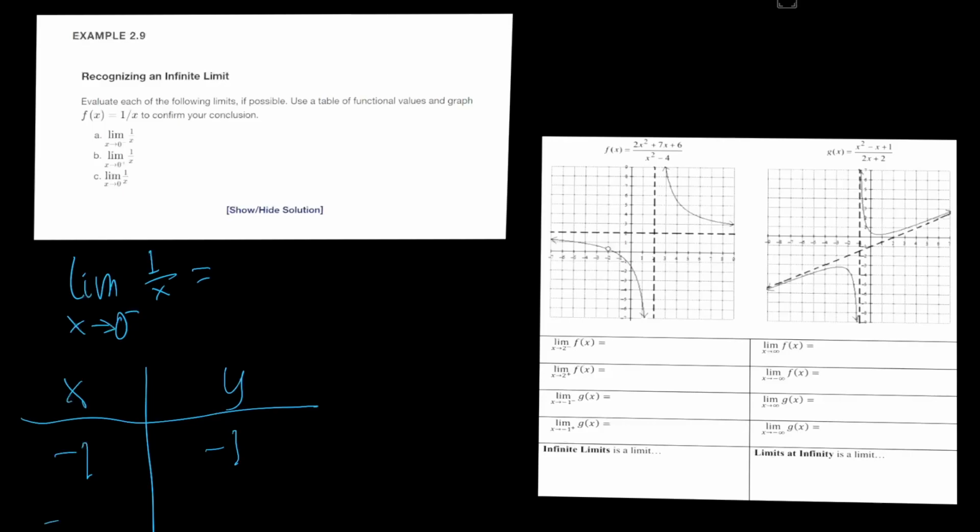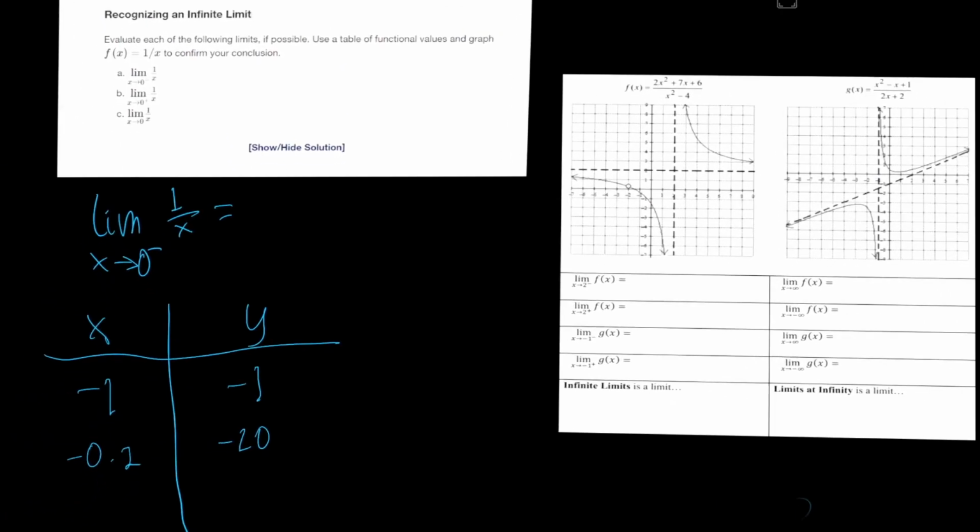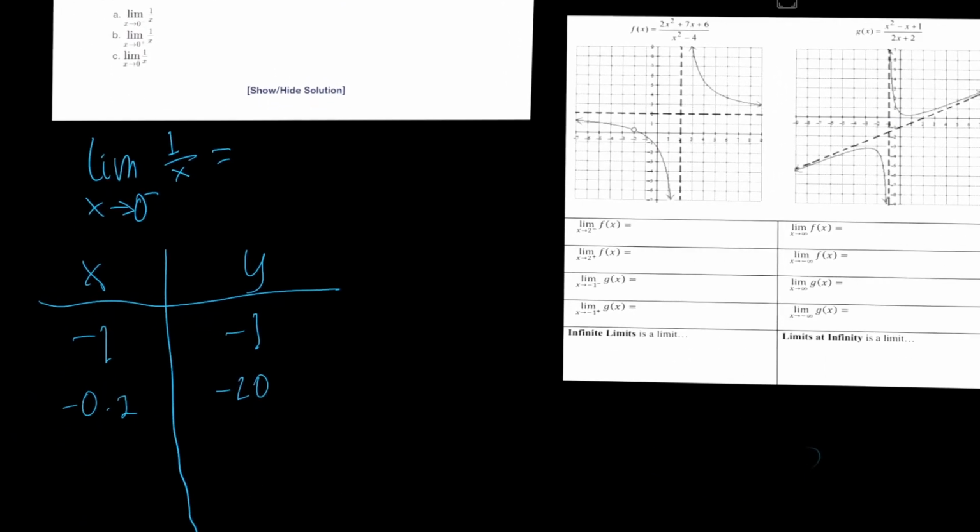When x is equal to negative 0.1, y is 1 over negative 0.1, which is negative 10. And when x is equal to a really small number, such as negative 0.0001, we're going to get negative 10,000.